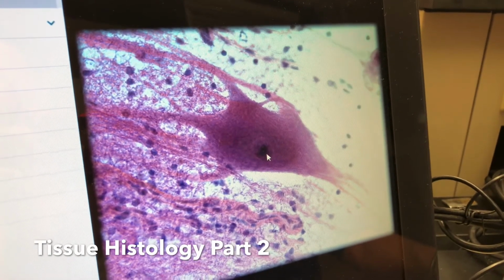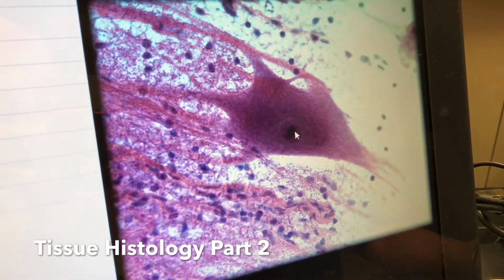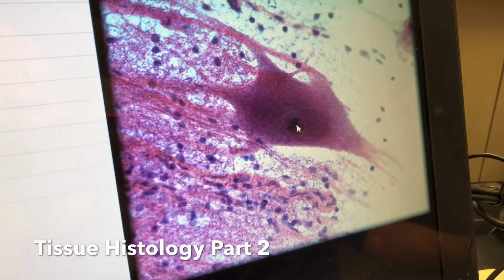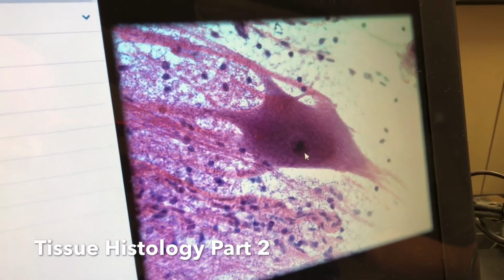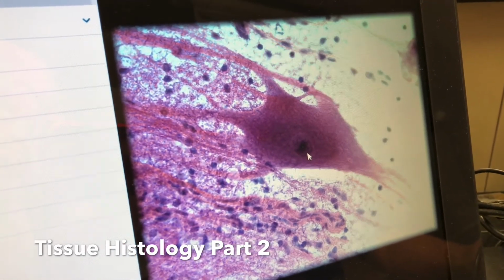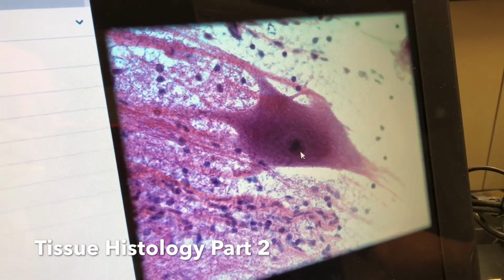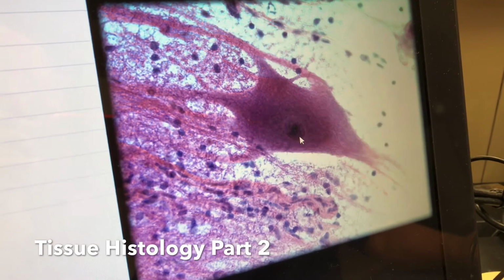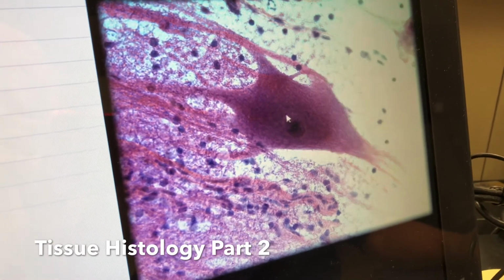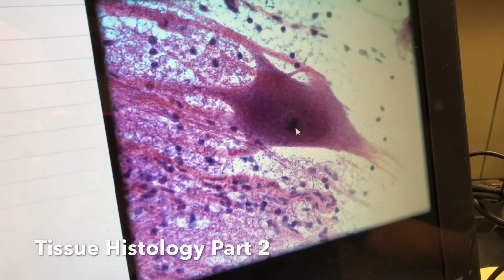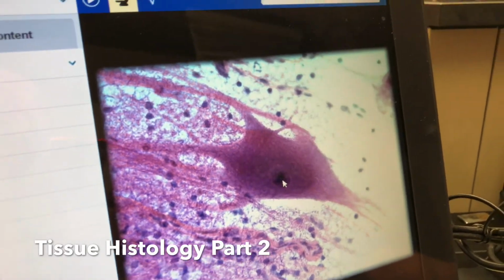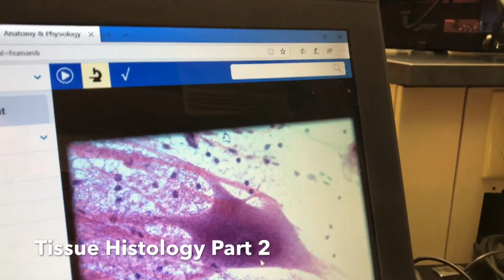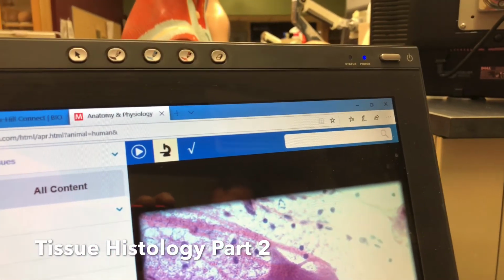And then what is that dense region sitting right in the middle of the nucleus? That is a nucleolus. For some reason, underneath the microscope with stain, the nucleolus of a neuron shows up very clearly. But we can see a nucleus, and right in the middle of the nucleus, there's the nucleolus. And again, that's just good information right there.